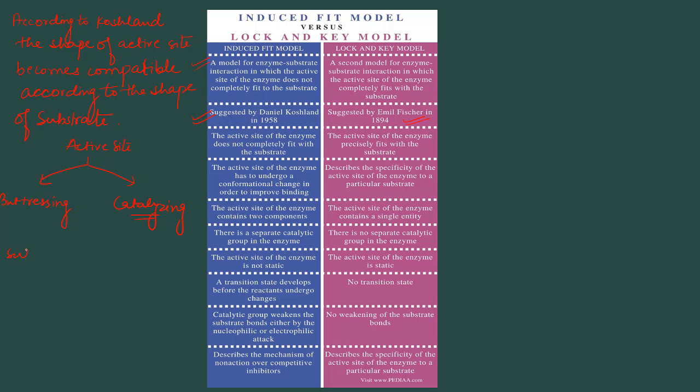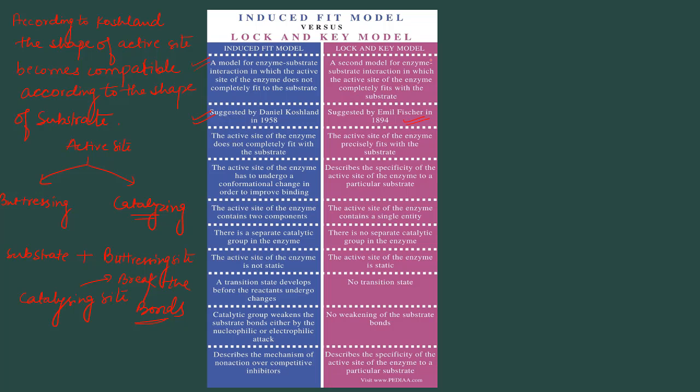The substrate attaches to the buttressing site. The moment it happens, the catalyzing site breaks the bonds. So this is the induced fit hypothesis, which was proposed by Daniel Koshland.